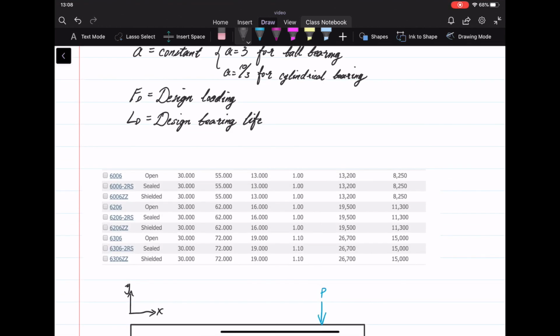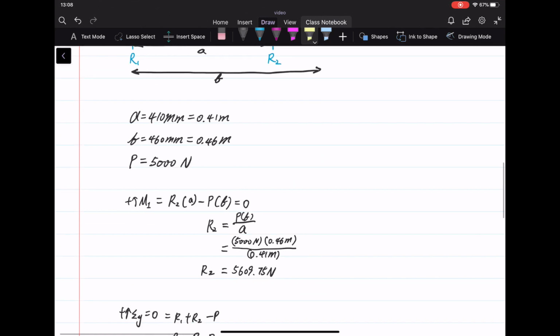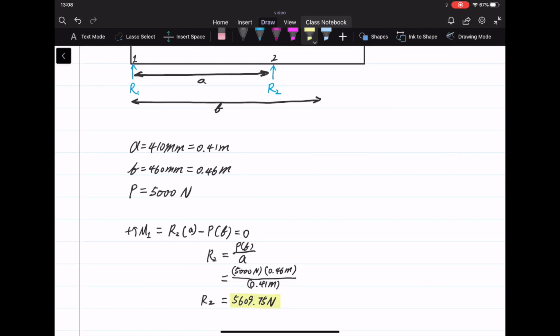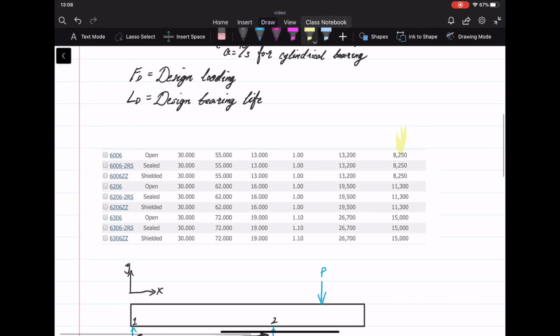Okay, now we go back to this list right here. We will select one of these. This column is the static loading column, where we want a loading of at least 5,600 Newtons, which they all have. That is good.